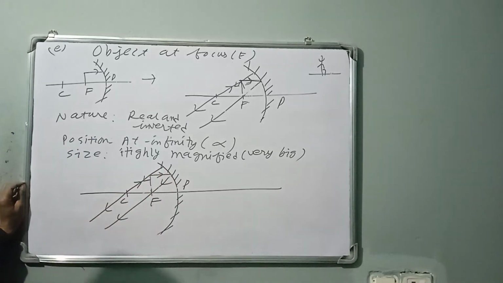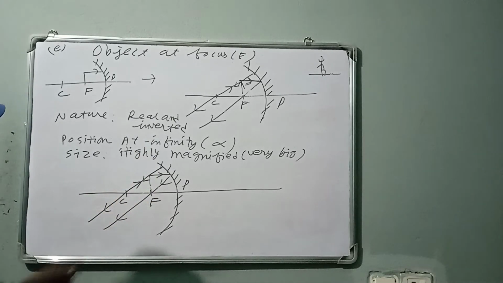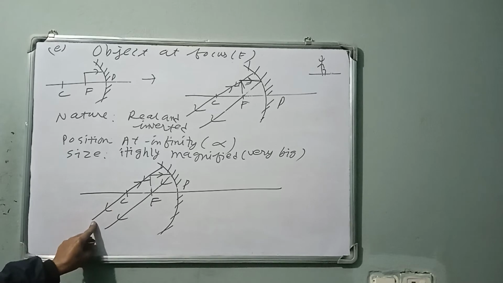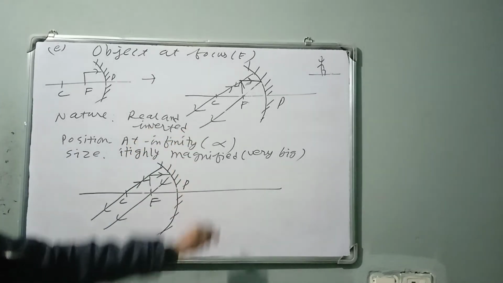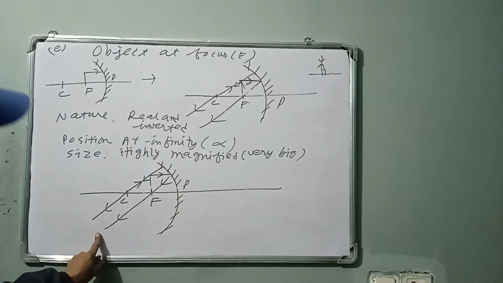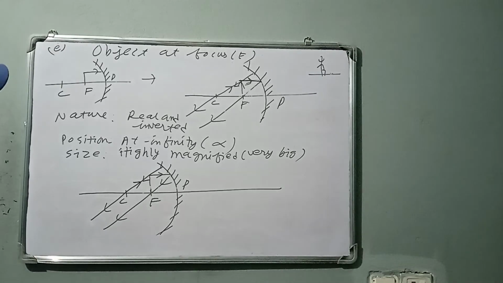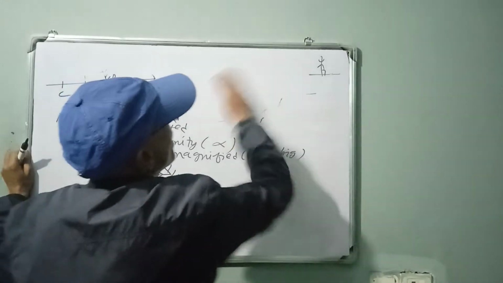Another ray which passes through the optical center goes back. And the two reflected rays don't meet each other. So a real, inverted and highly magnified image is formed at infinity. Very big image is formed at infinity. That was case E. Now case F.